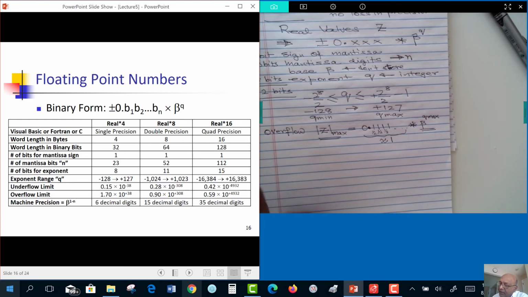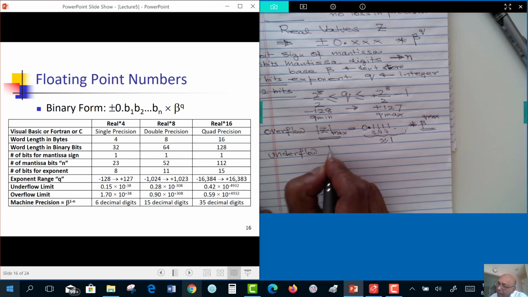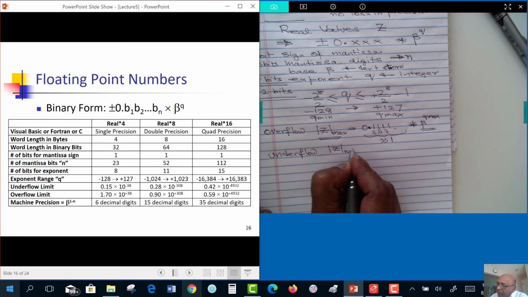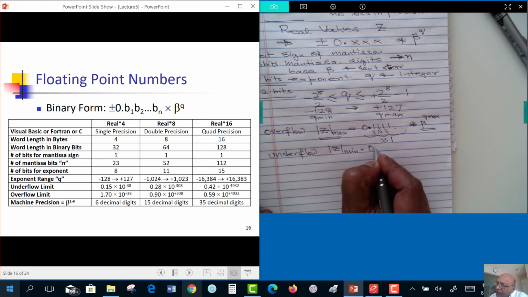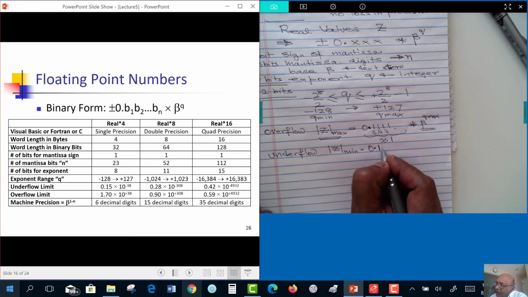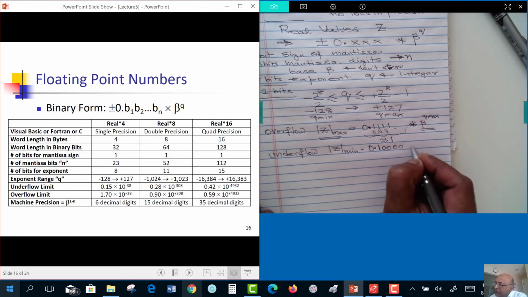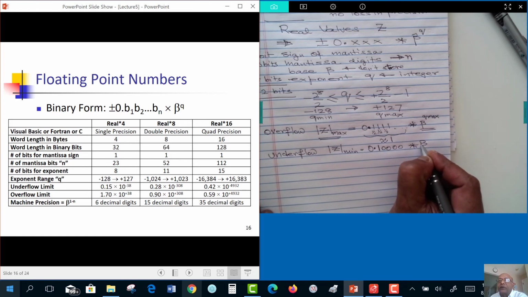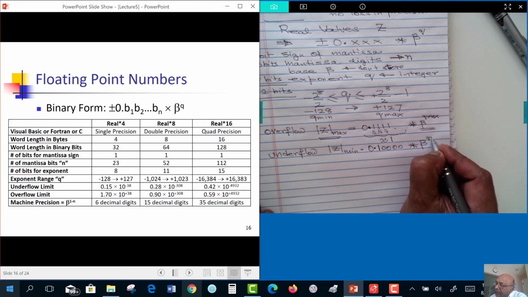Okay, let's look at underflow. Now, our first digit must be non-zero, so the smallest it can be is 1. All the rest of the digits can be 0, times beta to the power Q min.